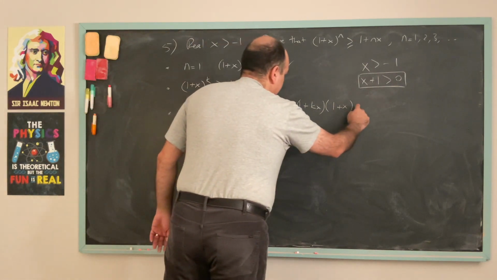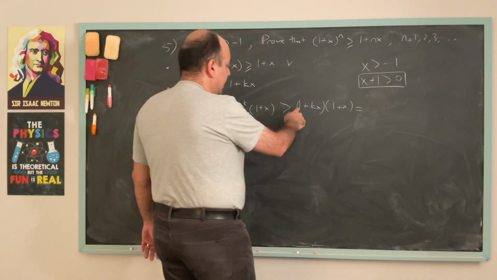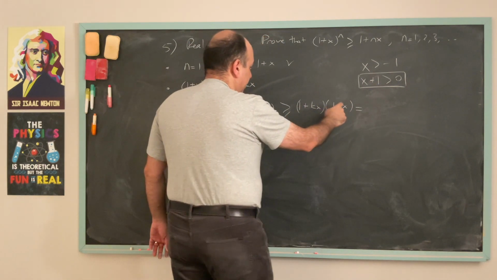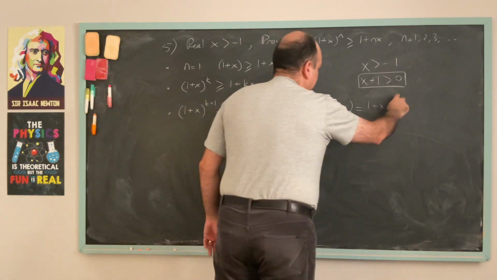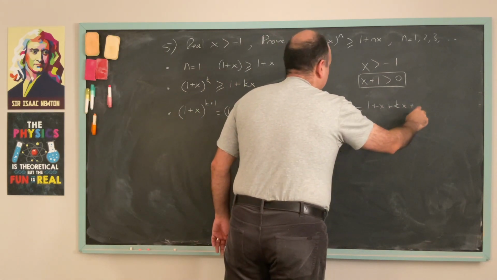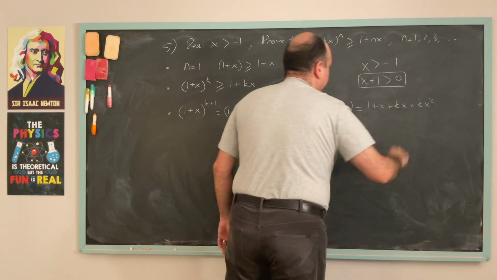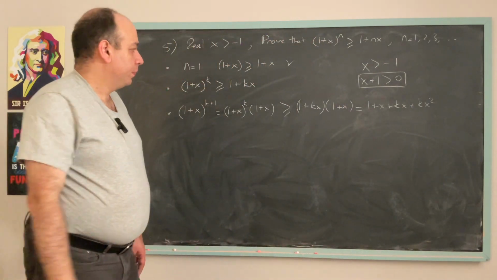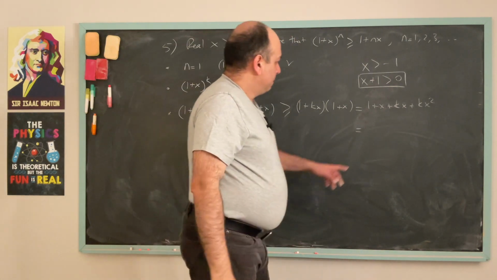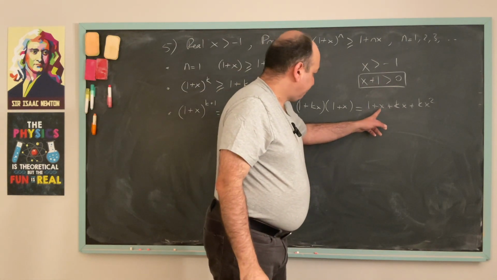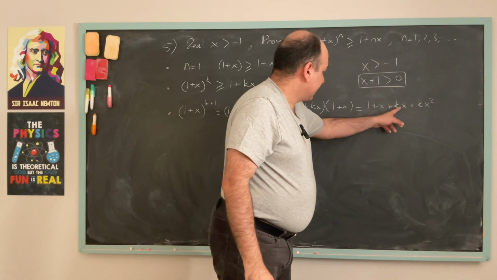So what is the right hand side now? So I have 1 plus x plus kx plus kx squared, right? Good. So this is going to be equal to, I have x plus kx here, right?